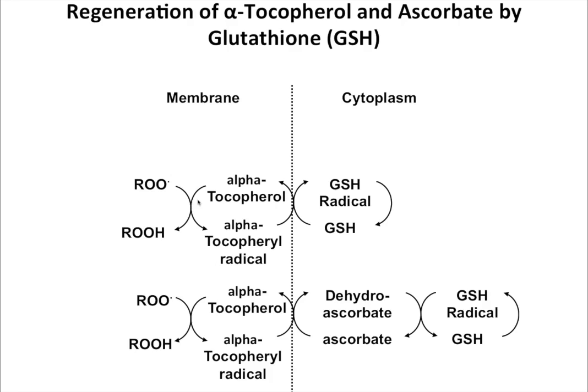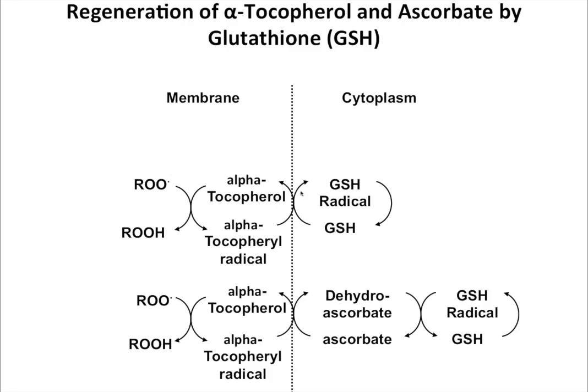So we know that alpha tocopherol is a lipid soluble antioxidant, so it resides on the left here in the lipid bilayers. So here we show alpha tocopherol basically neutralizing this ROO dot or ROO free radical species, forming ROOH, and then you have the formation of alpha tocopherol radical.